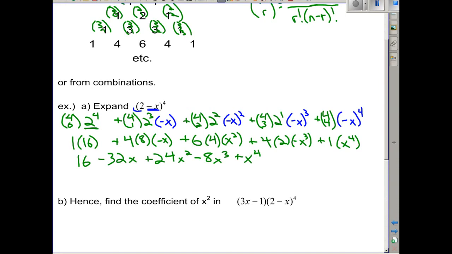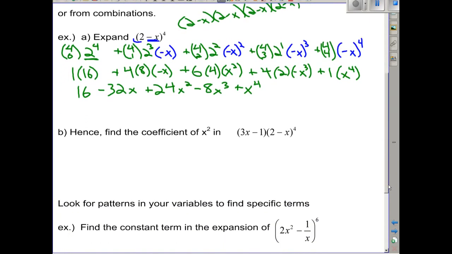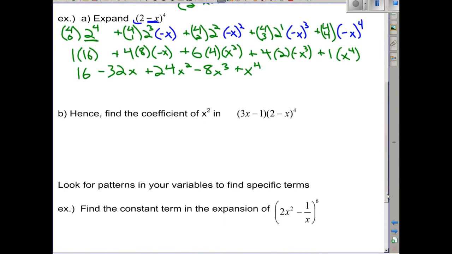Alternately, we could have written out (2 minus x) 4 times and used the distributive property, but really that's going to be unpleasant, and the likelihood of following it through without any errors is relatively low. So binomial expansion can really save us some time, especially being able to use the triangle well.